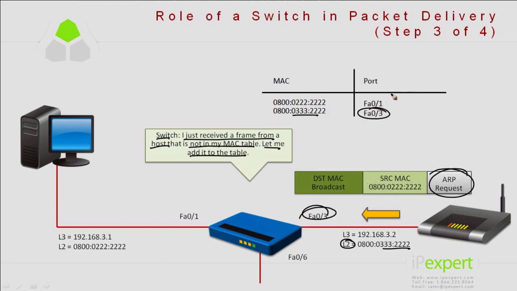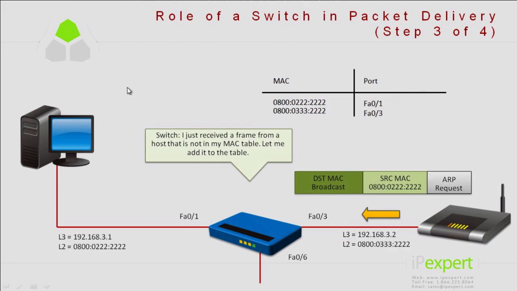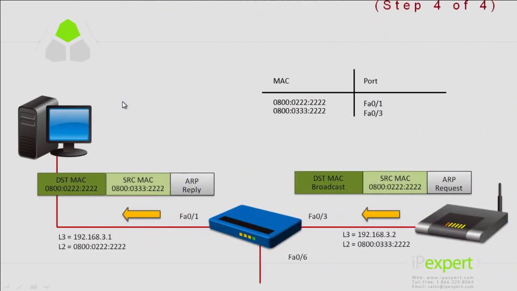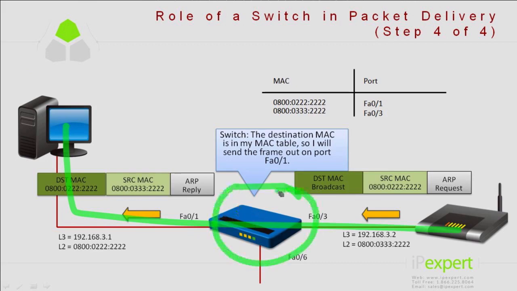So now I have all of the information for the switch, such that the switch can be transparent in this process and pass the data between the devices in question. The destination MAC address is in my switch table, so I will send the frame out on port Fa0/1, and we've built an end-to-end link between these devices using my switch in a transparent fashion.